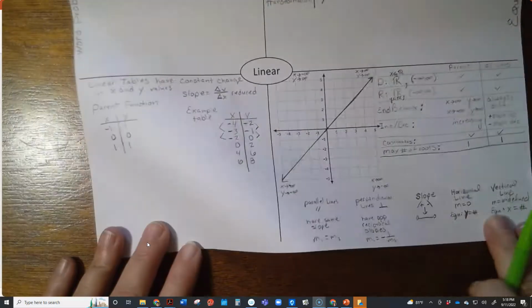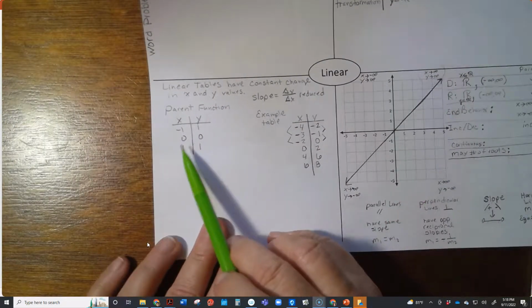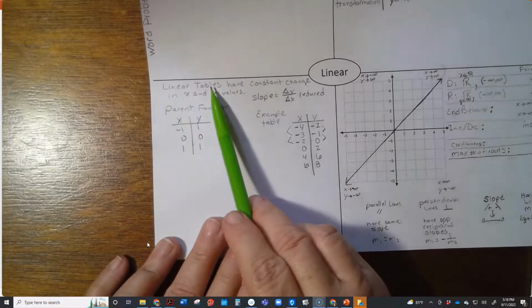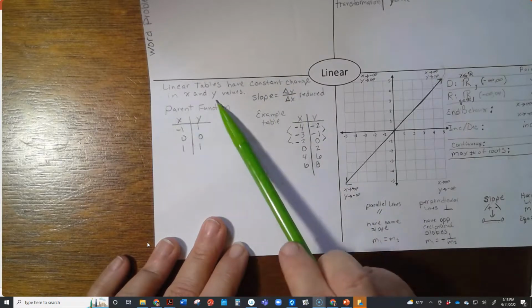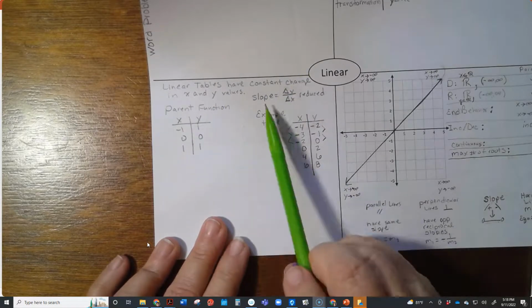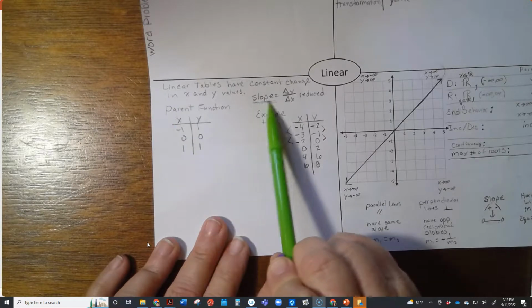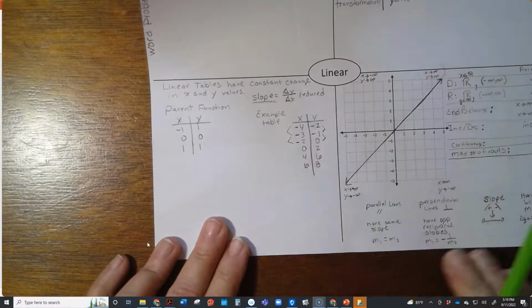The next and last thing that we're going to cover is tables. Tables for linear equations are going to have a constant change in both the x and the y values. And the slope, I'll explain what that means when I look at an example in just a second. Slope is defined to be the change in y over the change in x.